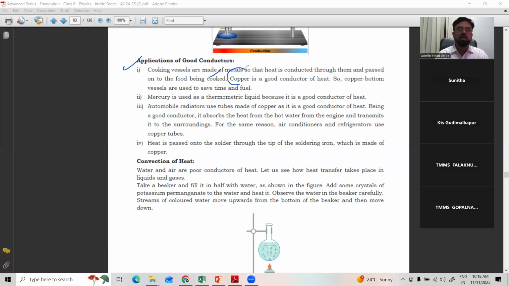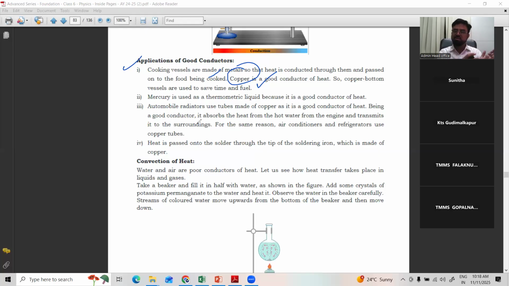Copper is a good conductor, copper. So copper bottom vessels are used to save time and fuel. So copper bottom, you might have seen, we get vessels with copper bottom. Why do you use copper bottom? Because copper absorbs the heat fast, becomes hot very quickly, and makes the food heat quickly, so that you can save the time as well as the fuel, gas.